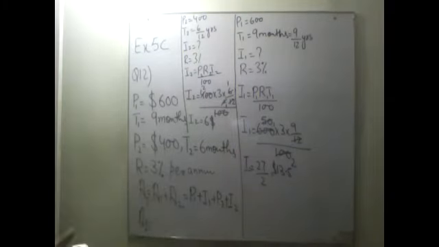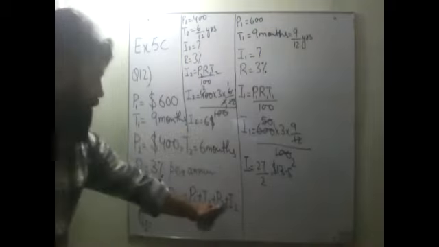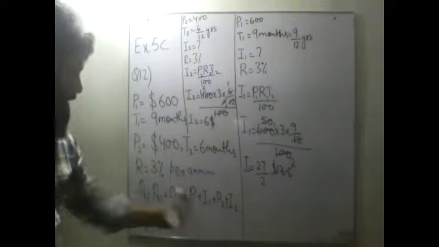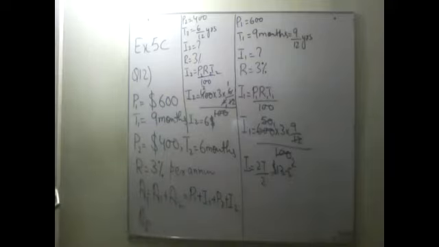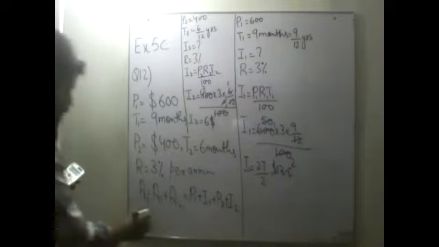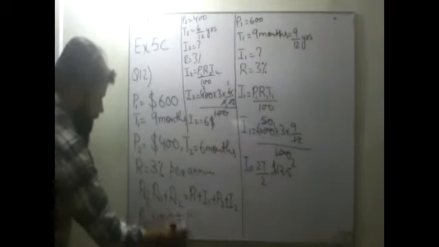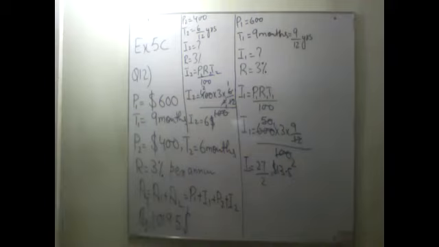P2 is 400 and I2 is 6. When I'm simplifying them, the total answer is coming $1019.5. That is going to be the final answer in this question.